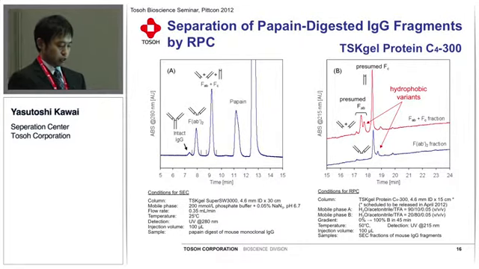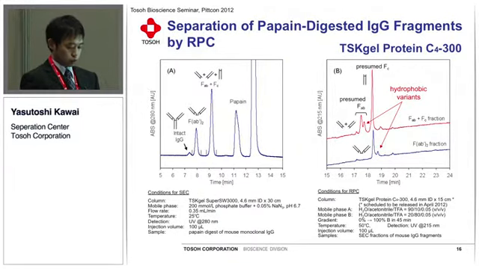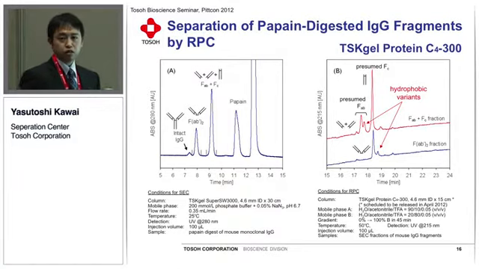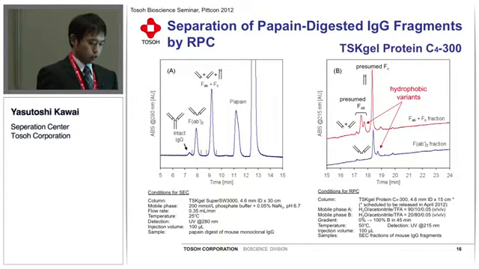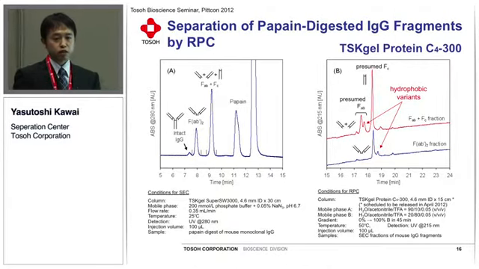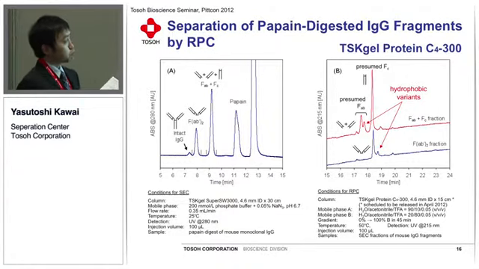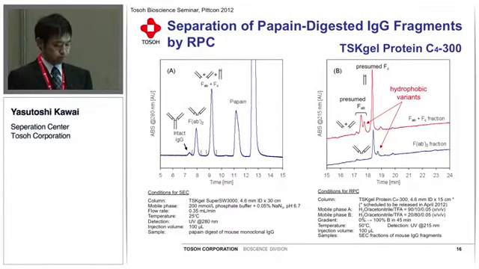The column is based on 3 micron silica gel with a butyl stationary phase and a pore size of 30 nanometer. That is designed for protein separation. The Protein C4-300 is scheduled to be released in the near future.